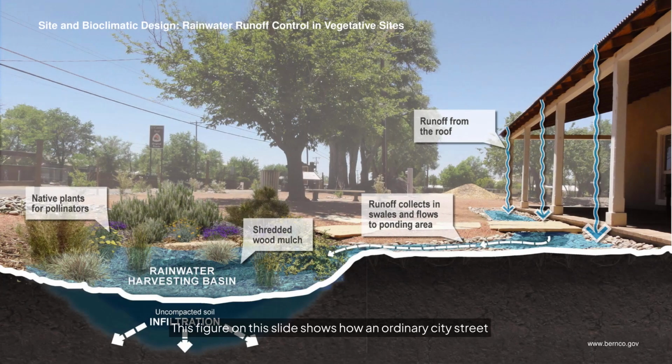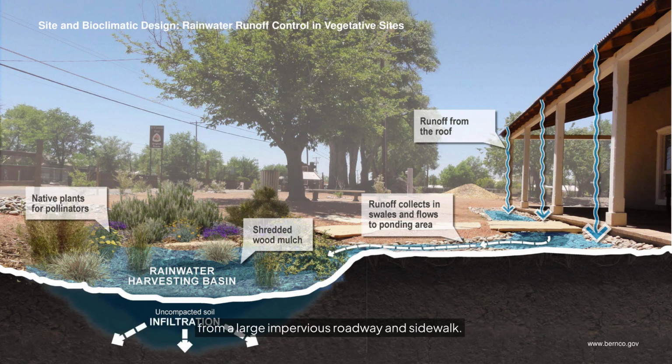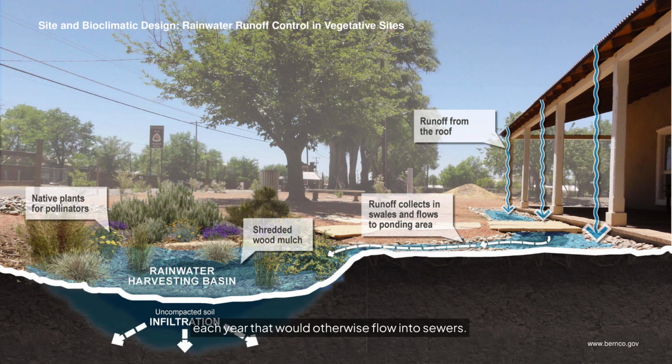This figure on this slide shows how an ordinary city street was retrofitted into a lush, water-managing landscape. The design features a continuous stormwater spine, a series of linked bioswale planters running along the street, which capture and treat runoff from a large impervious roadway and sidewalk. Once fully implemented, this green street can manage millions of gallons of stormwater each year that would otherwise flow into sewers.